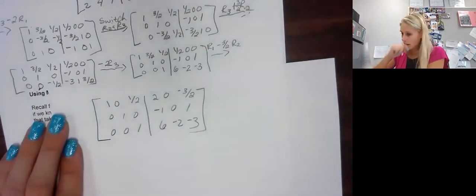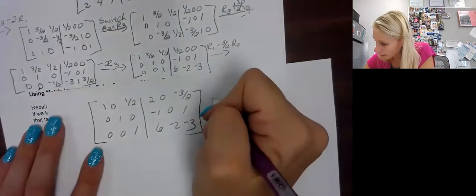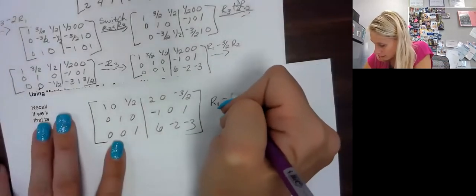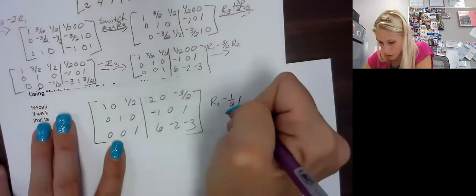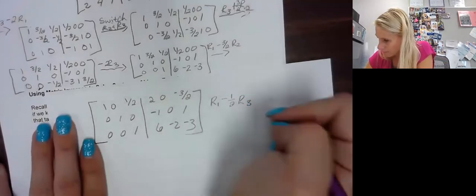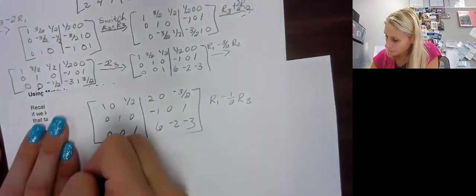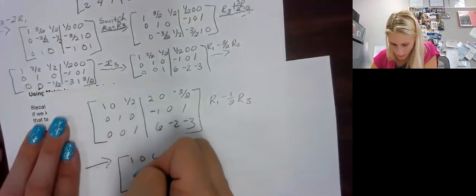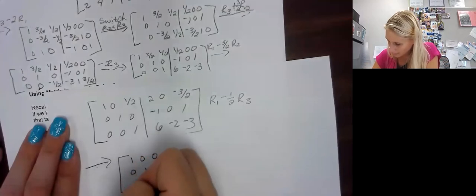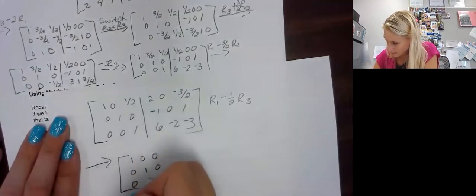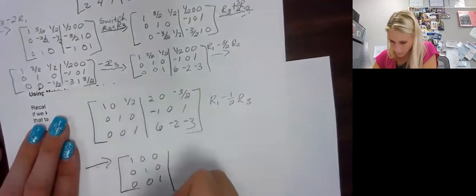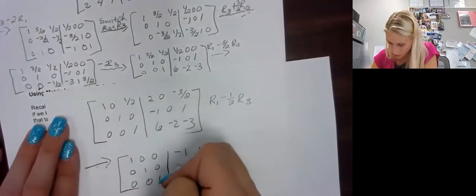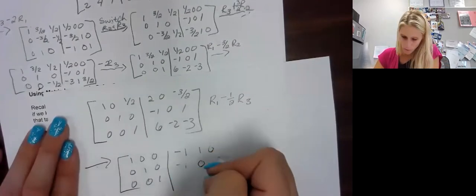Okay. One last thing is that 1/2. So I'm going to take row 1 because that's what I want to change, minus 1/2 of row 3. Okay. When I get that, I end up with the identity matrix on this side. I end up with negative 1, 1, 0, negative 1, 0, 1.